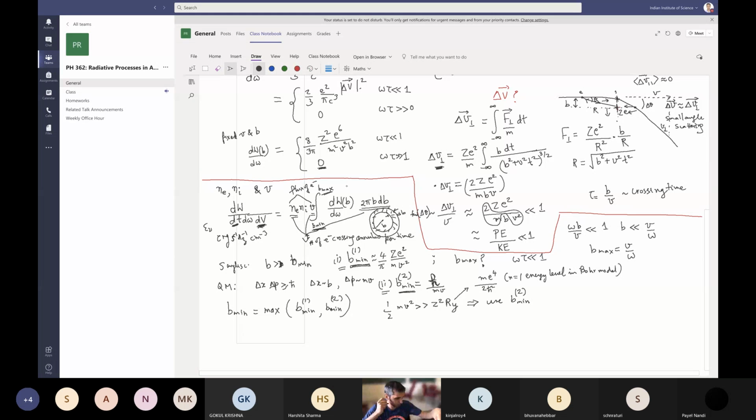Okay, let me expand this out. So dW by d omega dV dt. Once we have chosen B min and B max, B max is the same, but for B min there are two possibilities.